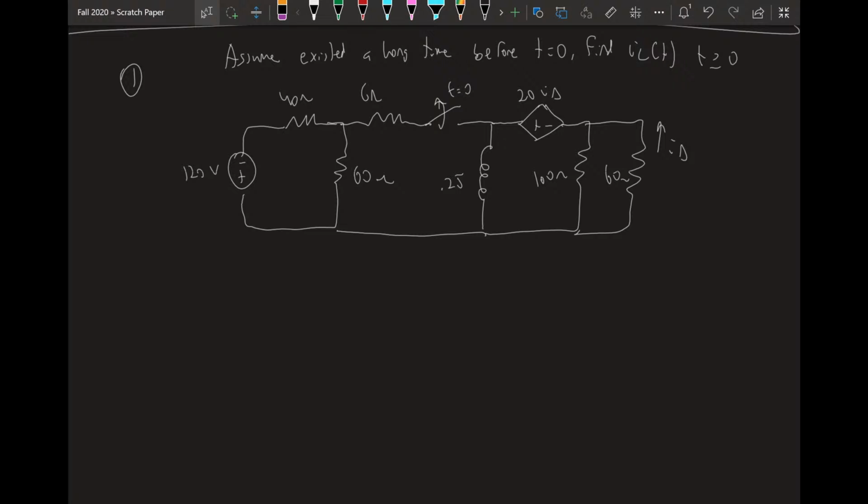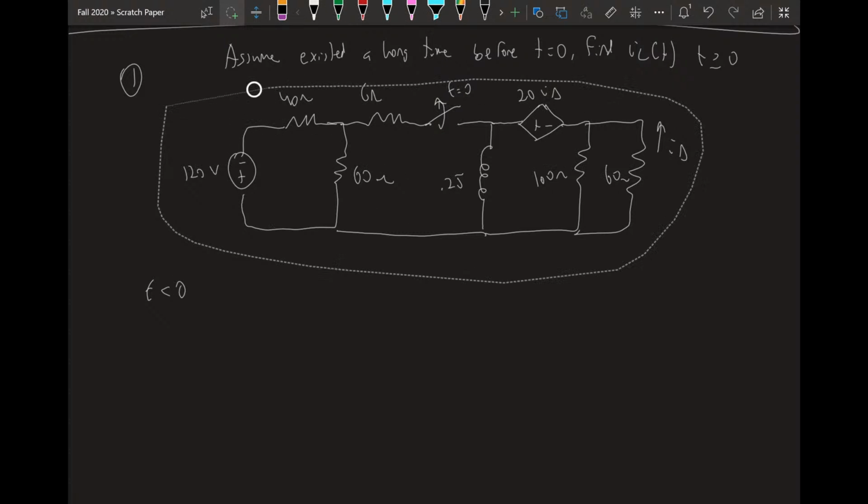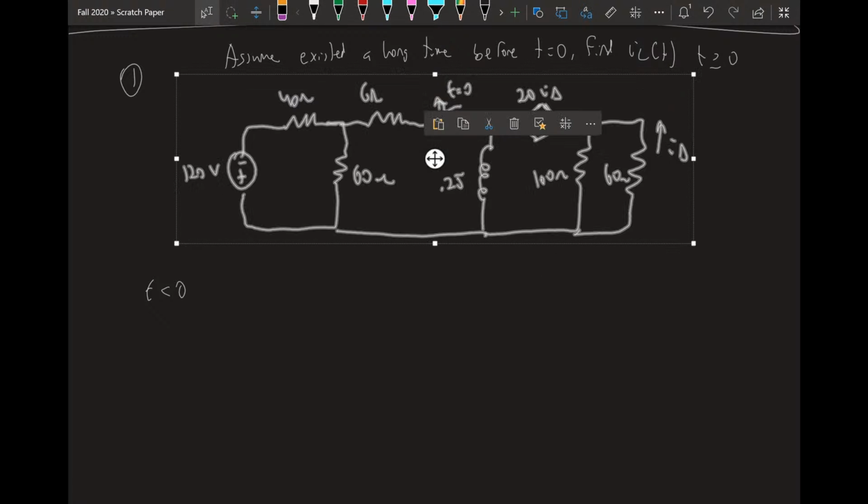So following step 1, we want the initial current through this inductor. Before t equals 0, there was some long time, and after some long time, the inductor becomes fully charged, right? So for t less than 0, we can redraw the circuit.